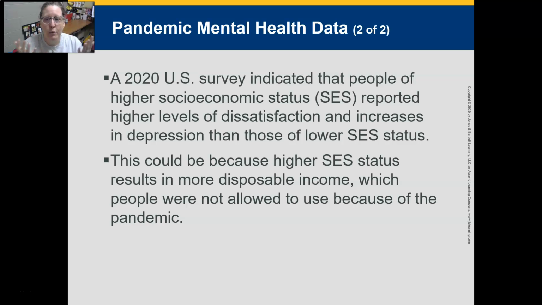But then during the pandemic, we couldn't do any of it, right? You were not allowed to use your disposable income to travel, to go on vacation, to go to the movies, and go shopping and things. And so they were more depressed because of not being able to do the things that we used to do, right?